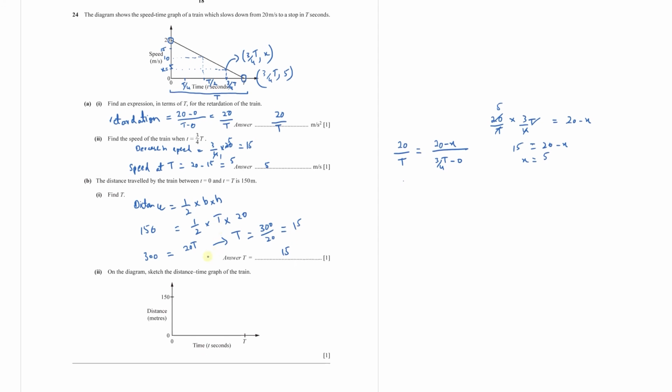Last part here of this question is, on the diagram, sketch the distance time graph of the train. So you're starting with 0, 0, time 0, and distance, of course, at time 0 would be 0, and then your final point would be here at point T. You know that you have traversed a distance of 150 meters.